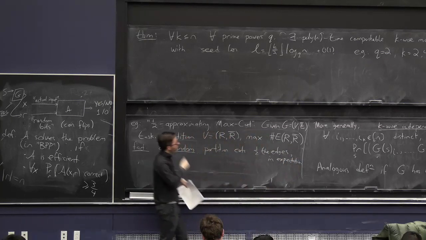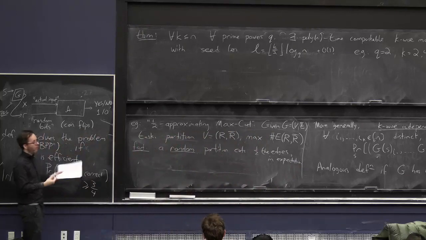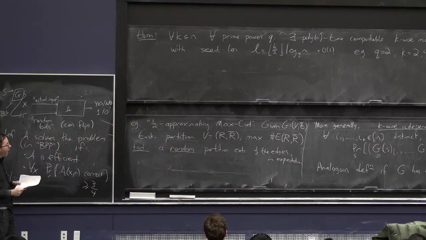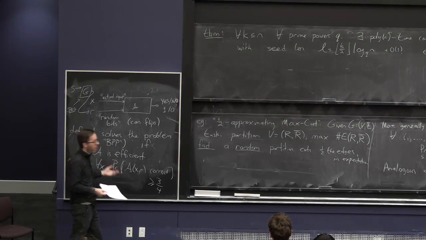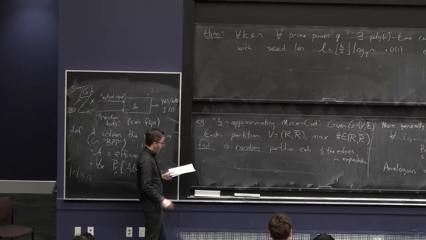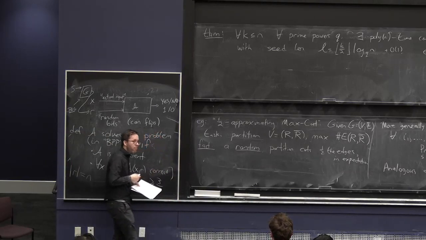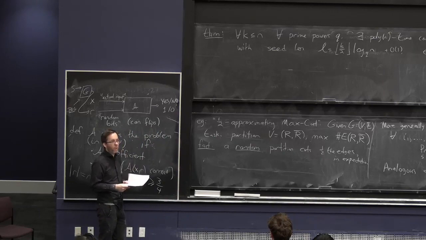So if you just choose your partition totally at random, you don't even look at the graph, then in expectation, the number of edges you cut is half of all the edges. Is that good? Well, it's better than nothing. It's pretty good. For a long time, this was the best polynomial time algorithm for cutting as many edges as you could.